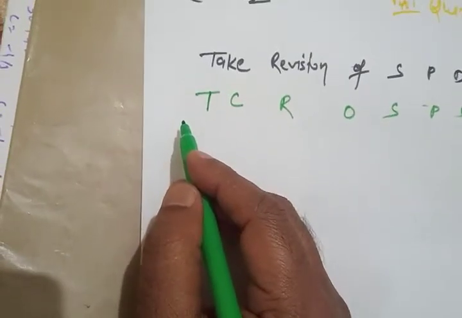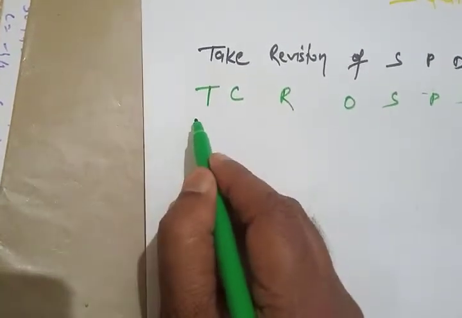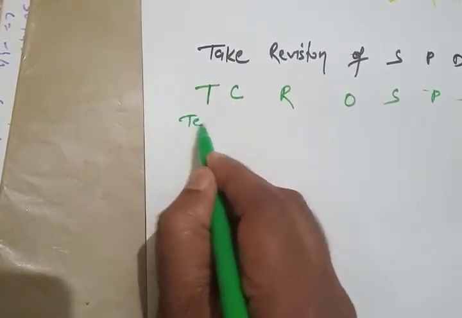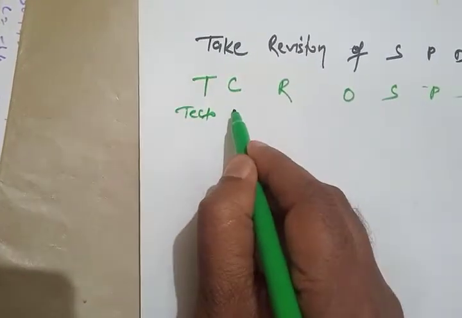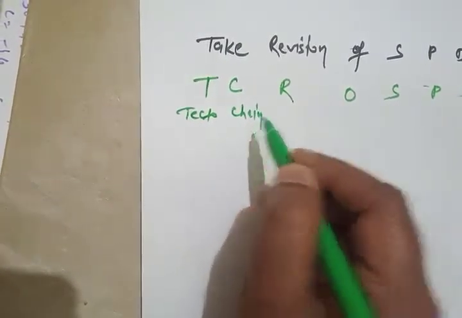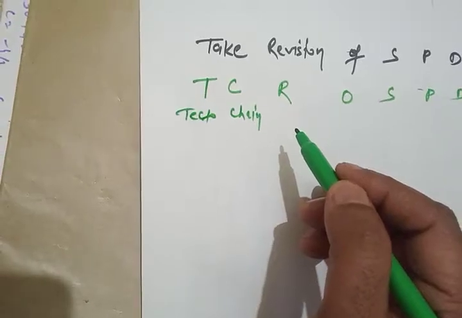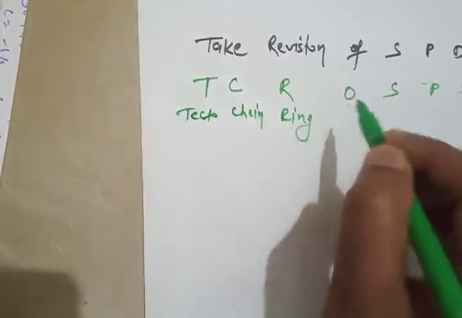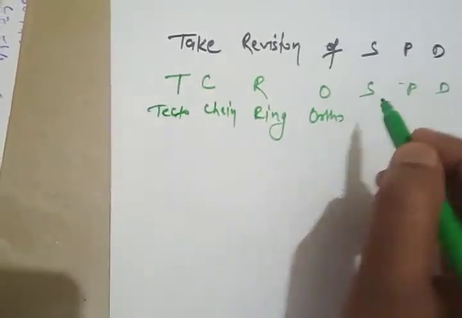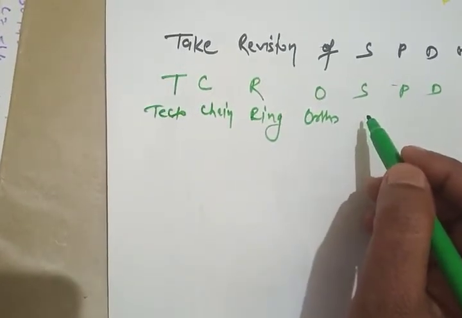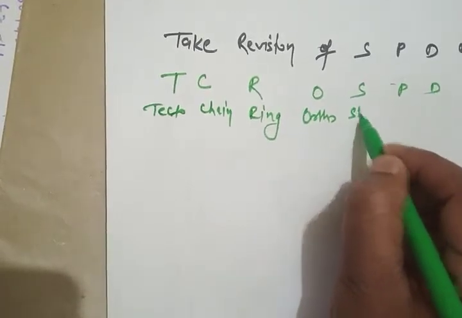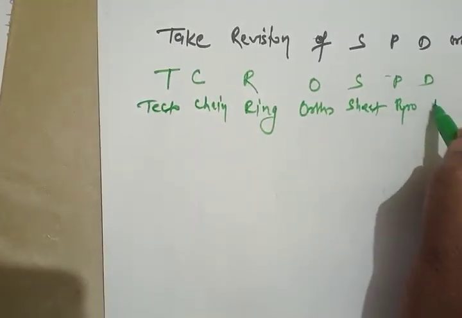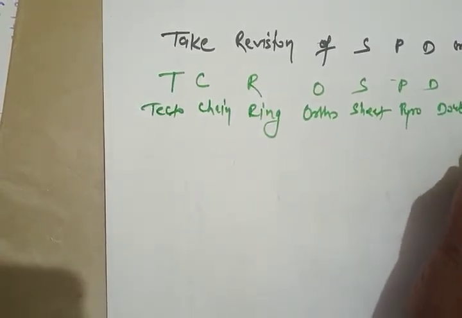T represents tecto. C represents chain. R represents ring. Then O is ortho, S is sheet, P is pyro, and D is double chain.